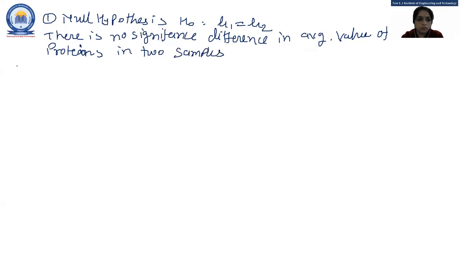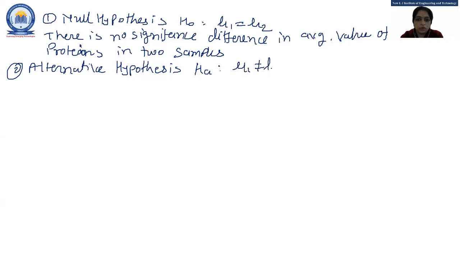Number 2, alternative hypothesis. That is HA, and here mu1 not equal to mu2, it means a 2 tail test will be applied here.